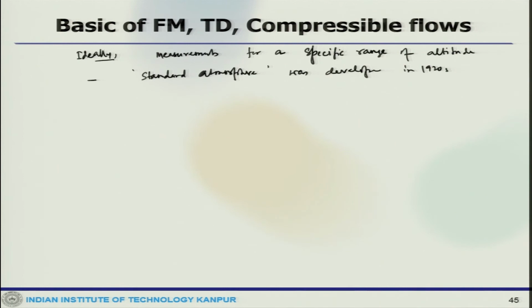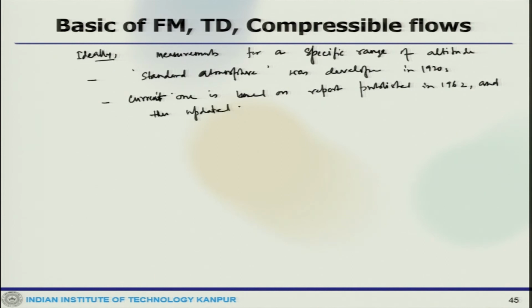But the currently accepted atmospheric standard is based on a report published in 1962 and then later updated in 1976.